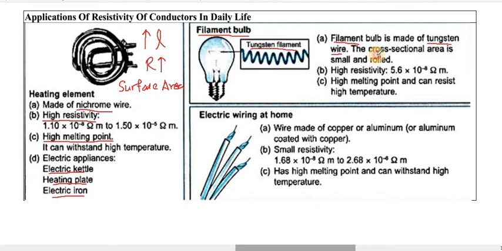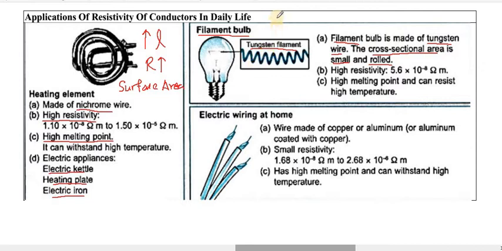The cross-sectional area is extremely small and it is also rolled. What does it mean by rolled? It means like this, it's coiled up. Understand or not? The tungsten filament is not only thin but also rolled.